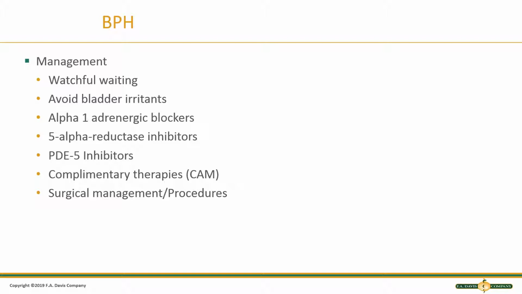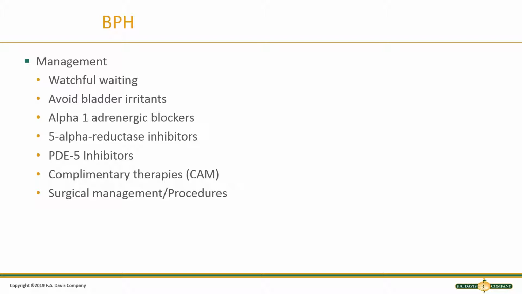Transurethral resection of the prostate, or TURP, is needed when the AUA score is greater than 8, and there is evidence of urinary retention, obstructive uropathy, or recurrent UTIs. For moderate to severe symptoms with a small prostate, a transurethral incision of the prostate can be done. For very large prostates, an open prostatectomy or robotic simple prostatectomy can be done.